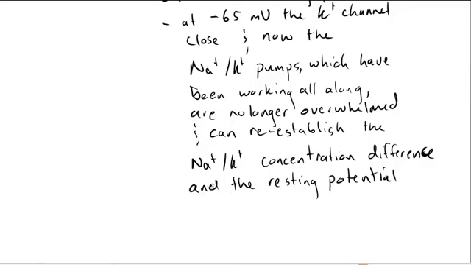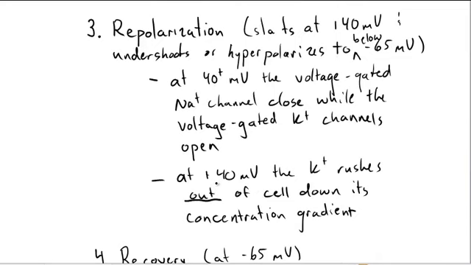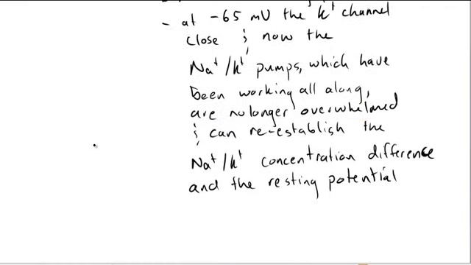Okay. Now just a note here, up here we talked about repolarization, actually, I should have put in here, sorry, the second part of the action potential. So we can put it down here.